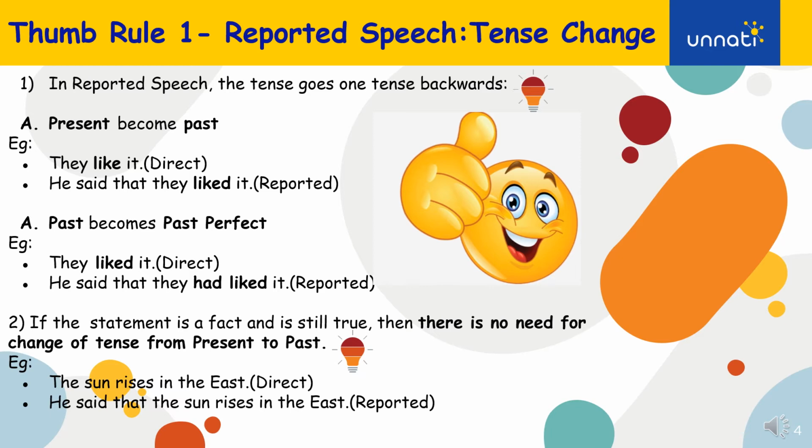A generic fact, right? The sun always rises in the east. So when you are making a reported speech out of that, you would say, he said that the sun rises in the east. Note here, we are not changing the tense in the case of a generic fact or statement. Okay?